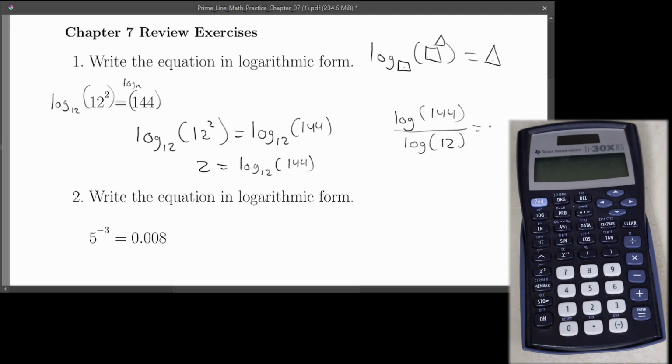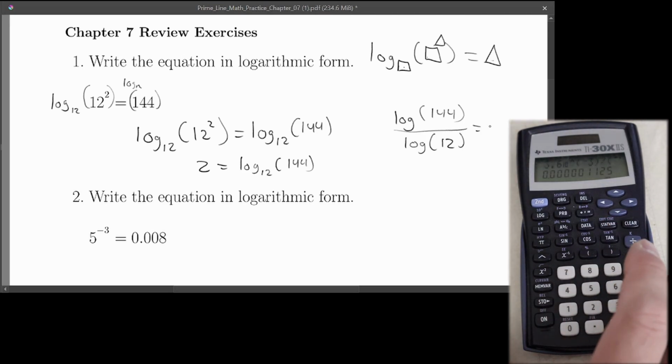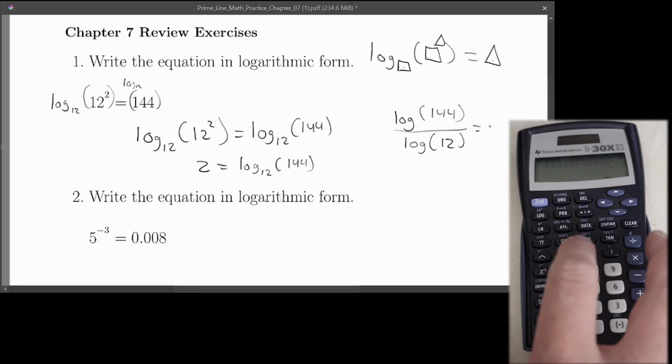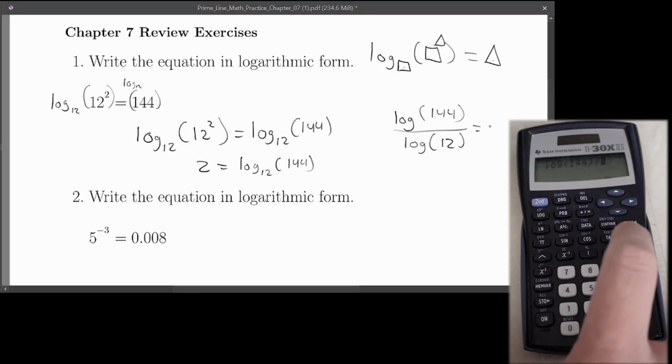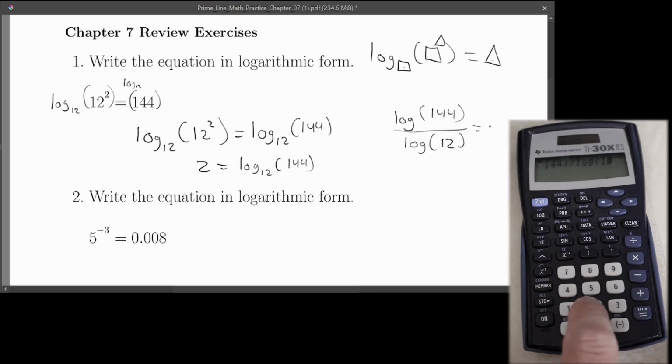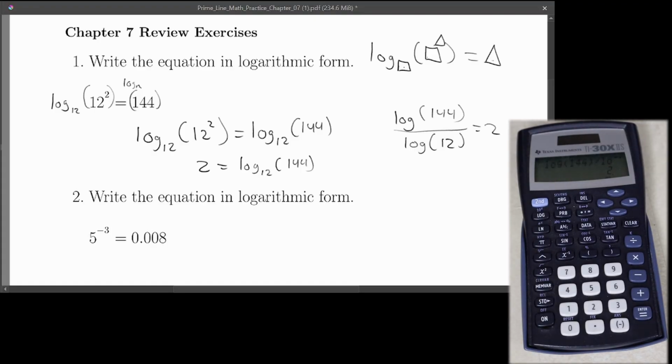If you plug this into your calculator, you'll get the same value of 2. So on our calculator, if we do log 144 divided by log of 12, we'll get the 2 value out. But our answer in this case is this. This is what we're wanting to show.